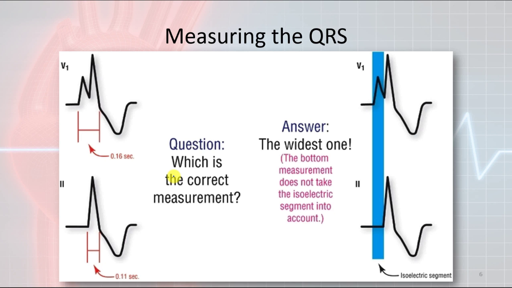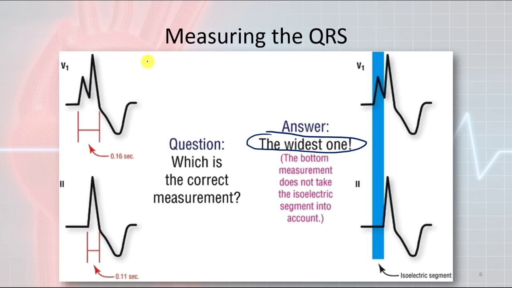One of the most difficult skills to develop in this area is how do you measure the QRS complex? I get these questions a lot of times. I have specific homeworks to make sure we teach how to measure the QRS properly. It's difficult to do in one lead sometimes, so what we will do is a 12 lead, and generally speaking, we just measure the widest QRS, and that will give us the proper measurement of the QRS complex.